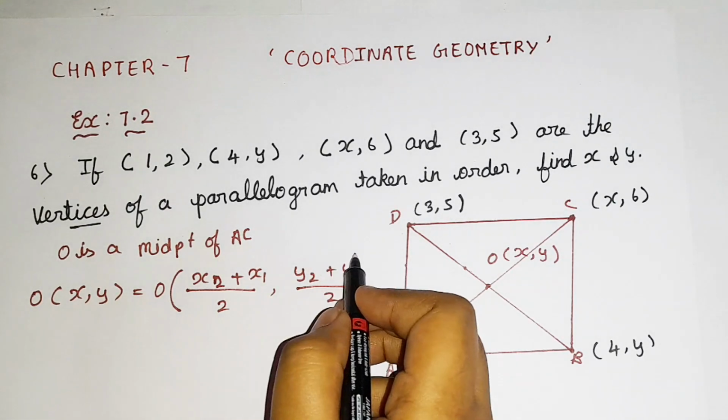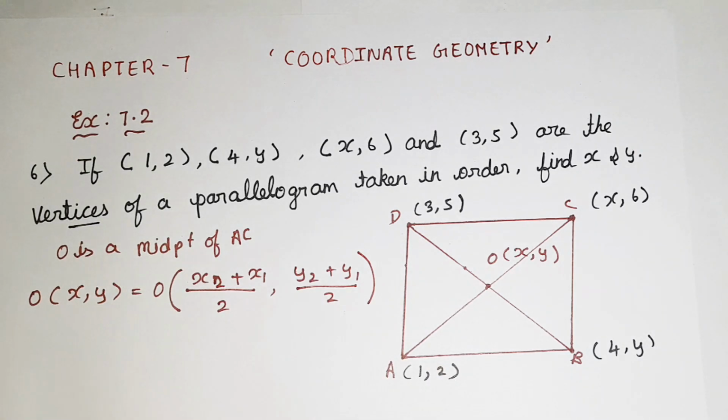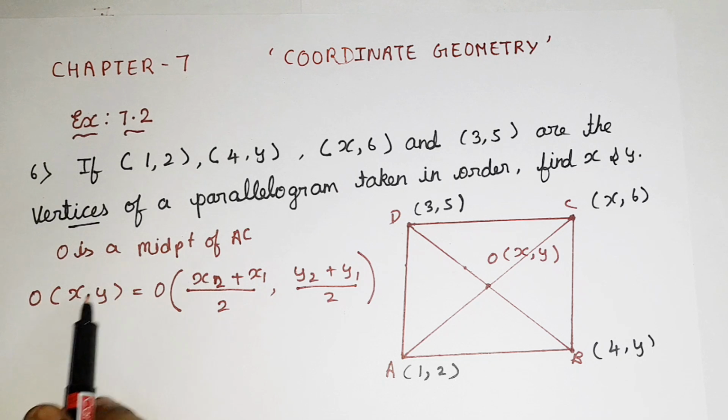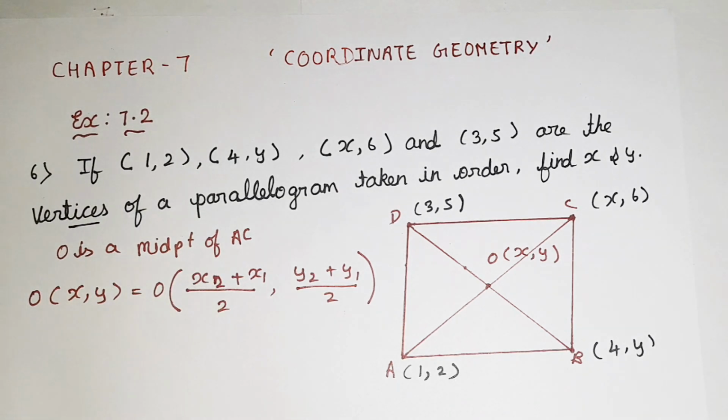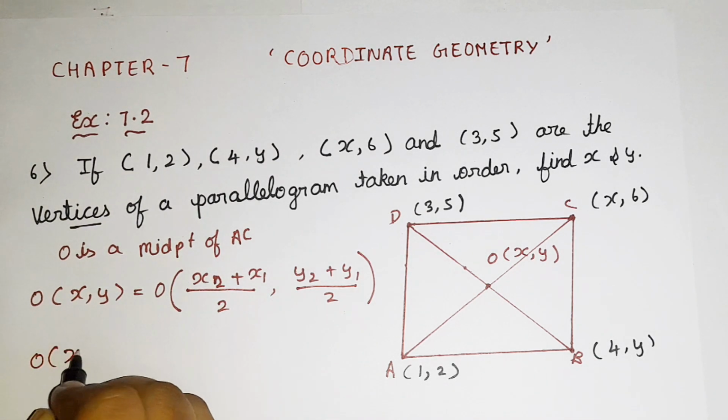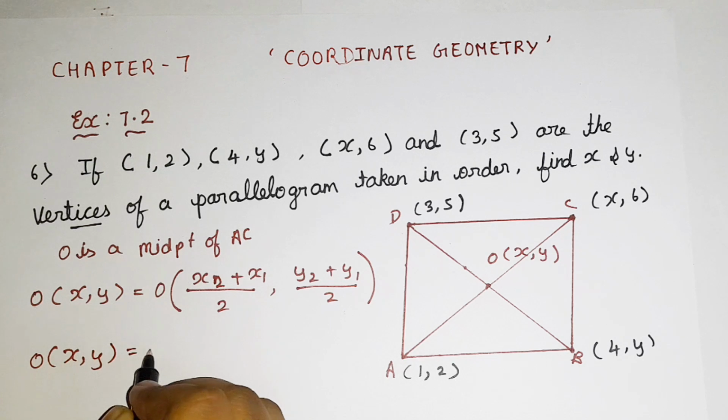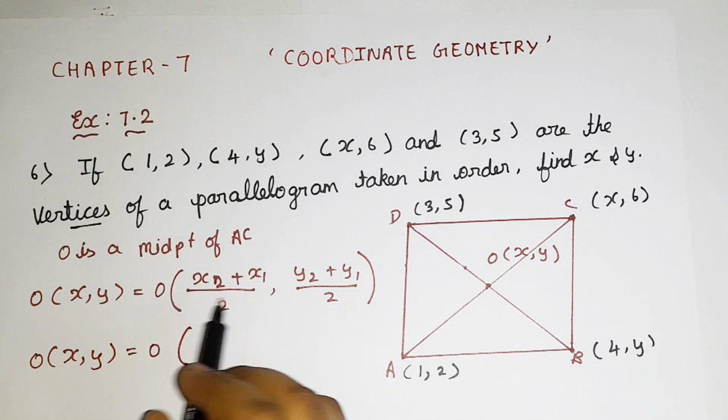So this is the midpoint formula. Don't get confused. I just wrote this as it is, and now I apply the midpoint formula to find the x and y value.